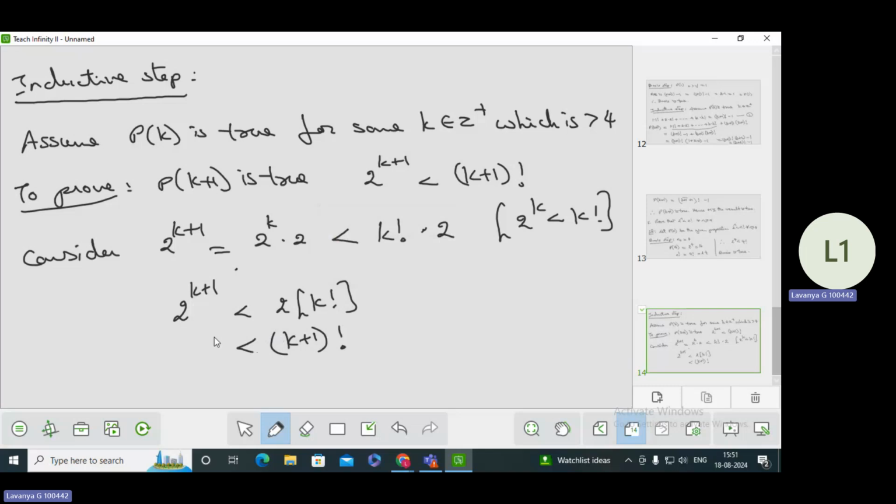Hence 2 power k plus 1 is strictly less than k plus 1 factorial. Therefore, P of k plus 1 is true. By mathematical induction, my P of n is true for every n greater than or equal to 4.